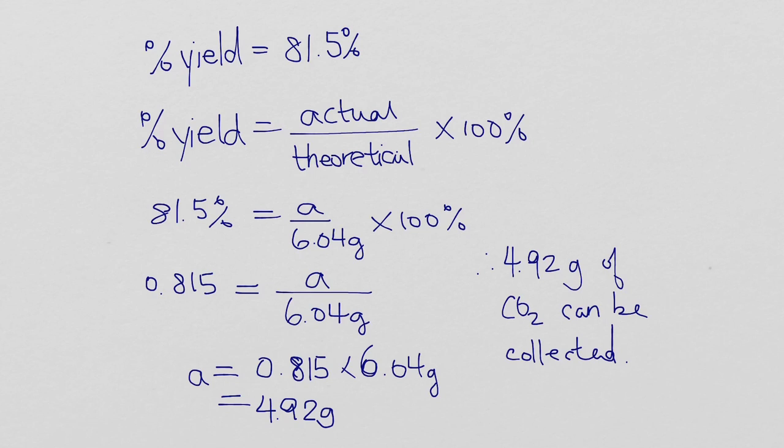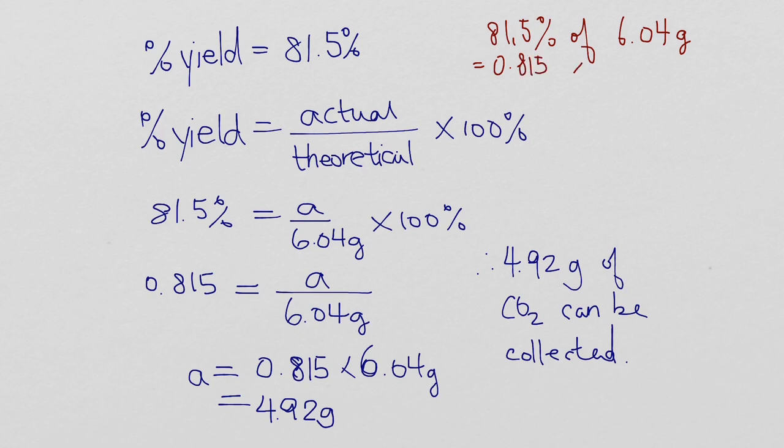Or you can think of it this way. You can think of it as we can only make 81.5% of the theoretical yield. And when we change that sentence into math, 0.815 is equal to 81.5% of.